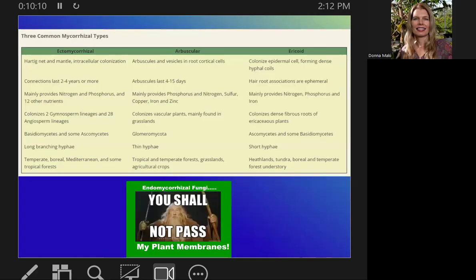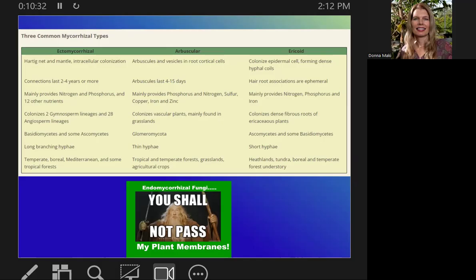Okay, so here, this is not showing all the different mycorrhizal fungi. It's only looking at three types, the ectomycorrhizal, arbuscular, and ericoid. But I just put this up here to show you some traits that you can think about for these different groups of mycorrhizal fungi. I'm not going to get into detail on these.